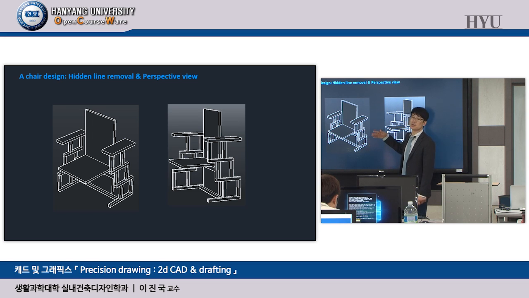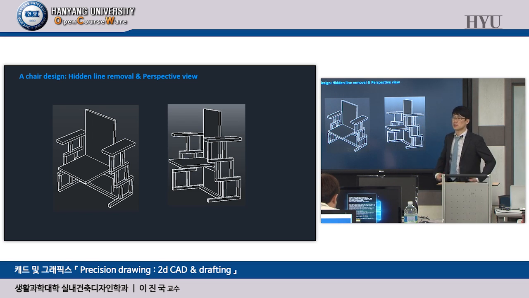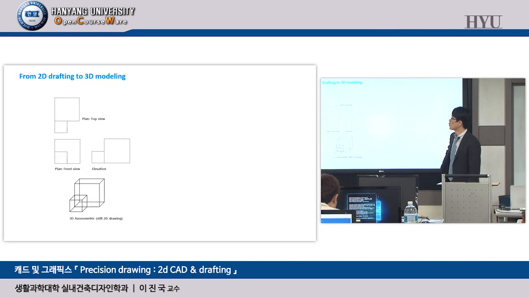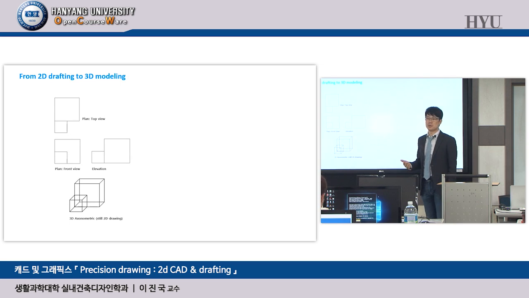Section profile, section view. That's exactly what you can extract from your 3D model, okay? From 2D drafting to 3D modeling, that's the change we experienced in the last some decades in CAD history, okay?